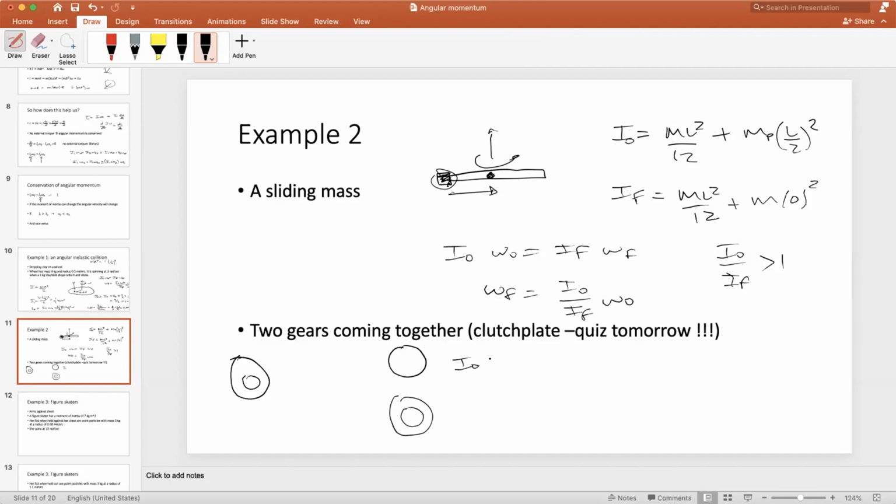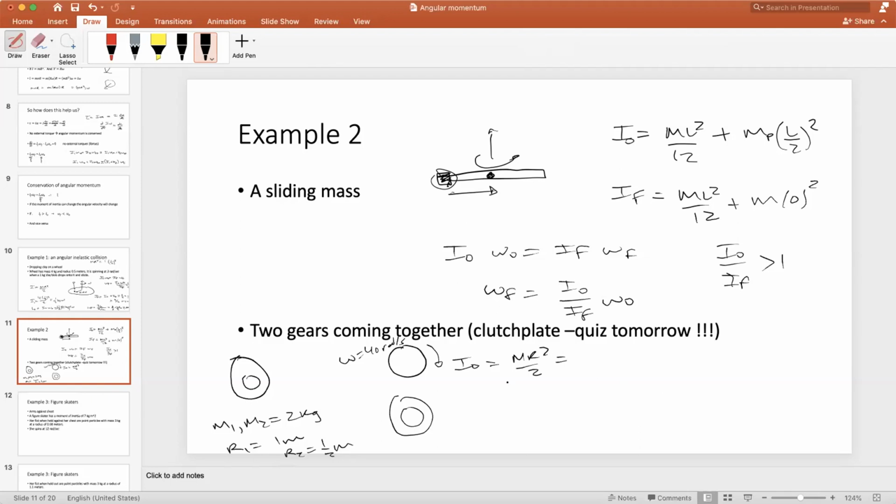The I would be mr squared over 2, and we'll say that m1 and m2 are both 2 kilograms, but radius 1 is 1 meter and radius 2 is half a meter. Initially this is spinning at, say, 40 rad per second. Then I push the second one against it so that they become welded together. Initially this plate isn't moving until it gets stuck, and then they're both moving together.